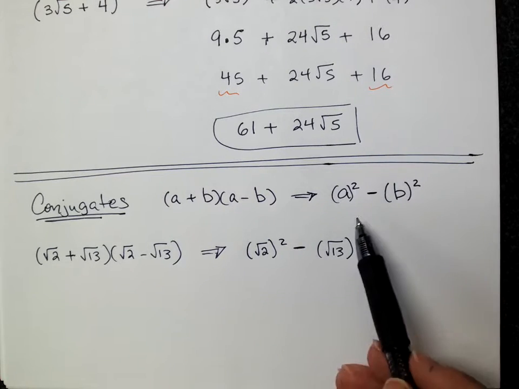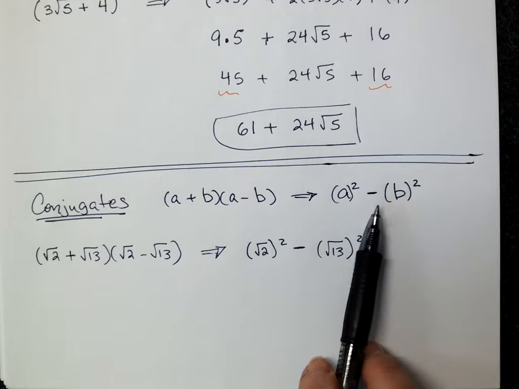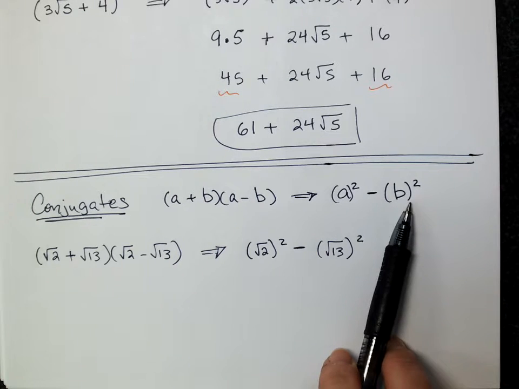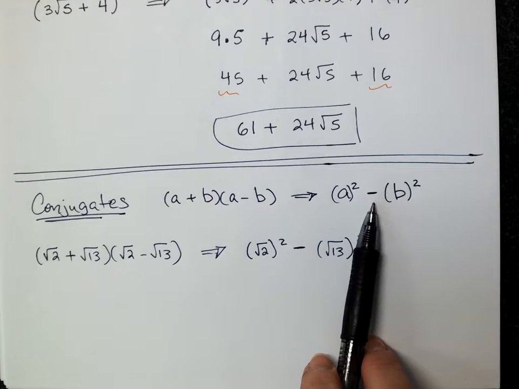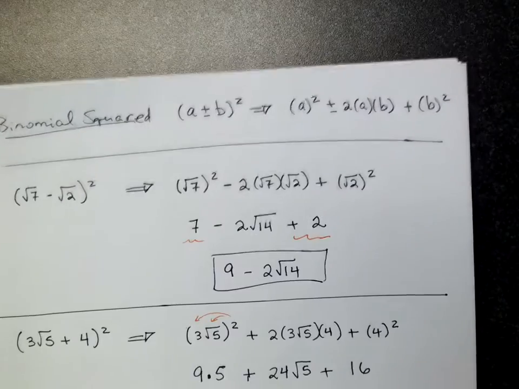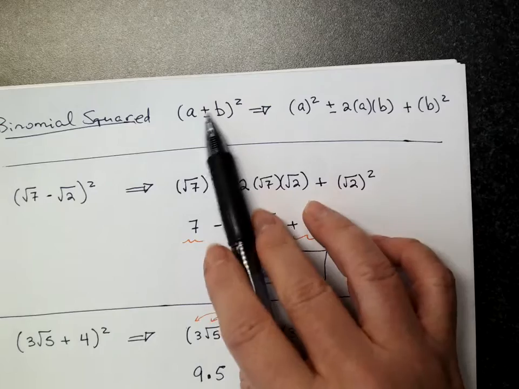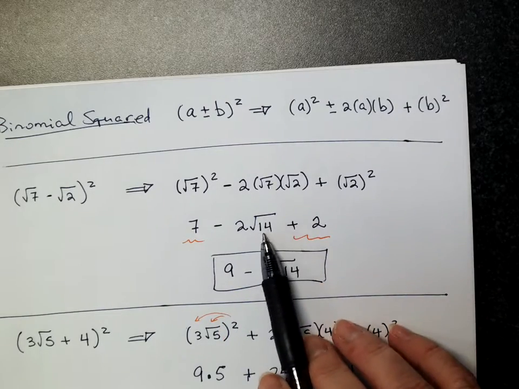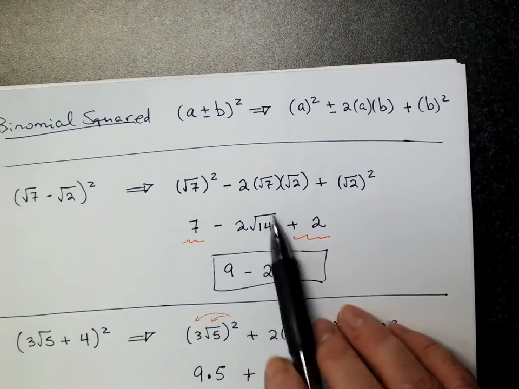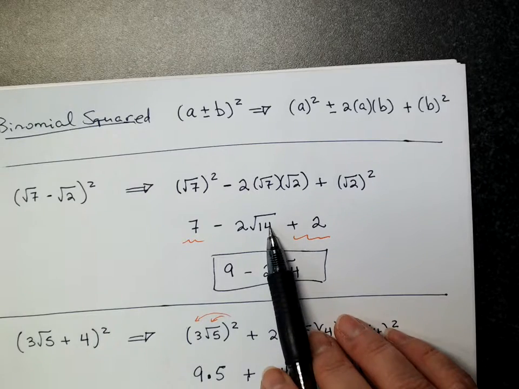No, because my pattern, my formula, is 2 squares. There's no middle term where I just have an a times a b. We have a middle term with a binomial squared, and when we're dealing with binomials that include radicals, that means our middle term is going to exist, it won't cancel out, and it will have a radical in it.